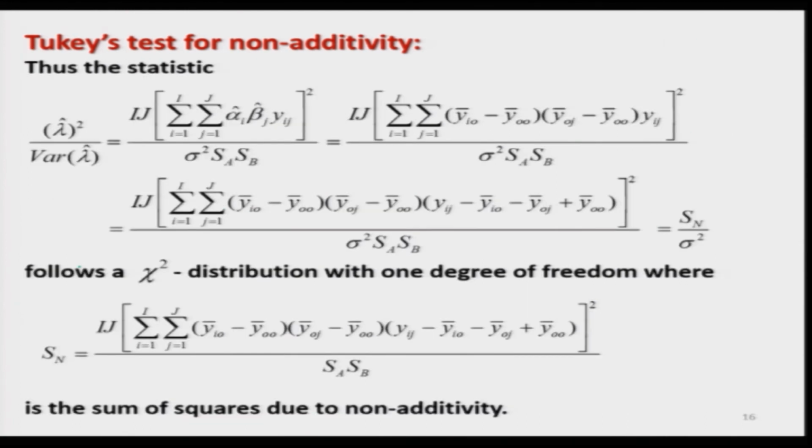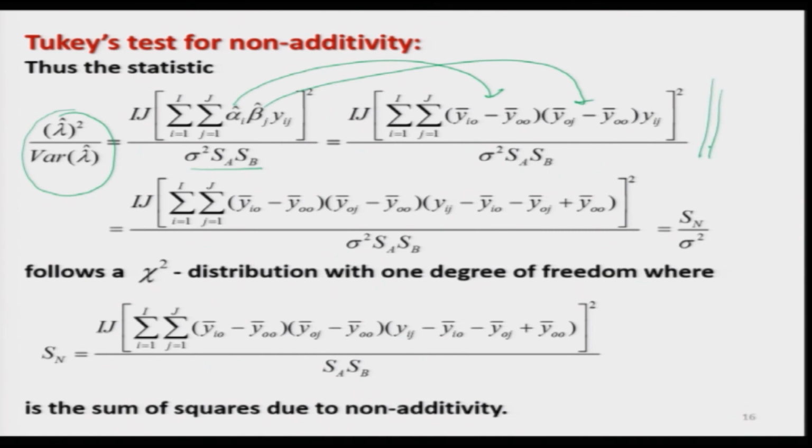So, in case you recall the definition of a chi-square random variable, and you write the statistic lambda hat square divided by variance of lambda hat, this comes out to be I j double summation alpha I hat beta j hat y I j whole square divided by sigma square S A S B. And if you substitute the values of alpha I hat and beta j hat, you get this expression, right.